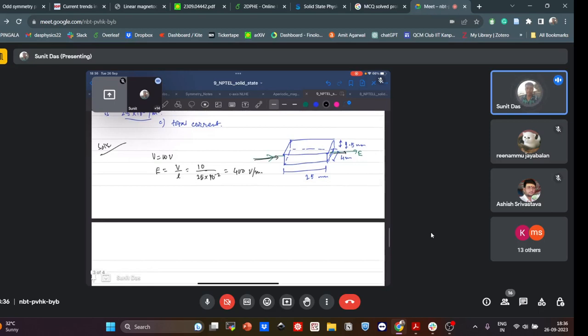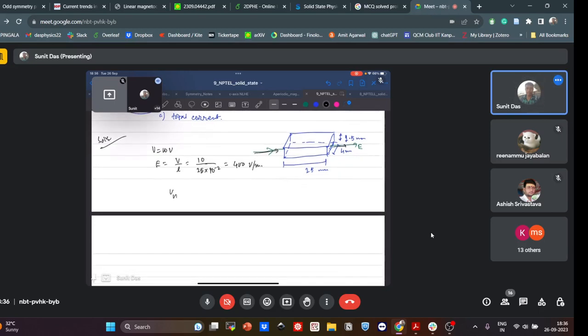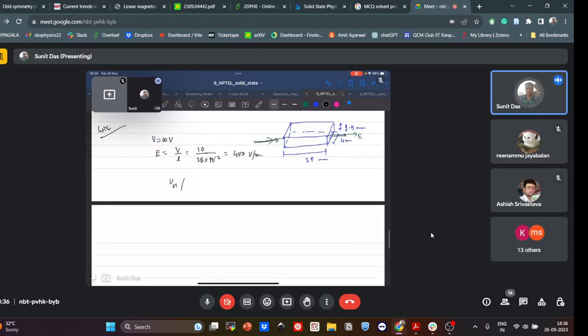So drift velocity for electron, or let's say V electron, is mu n into electric field. So mu n was 0.38 in SI unit and then 400. So this will be 152 meter per second.